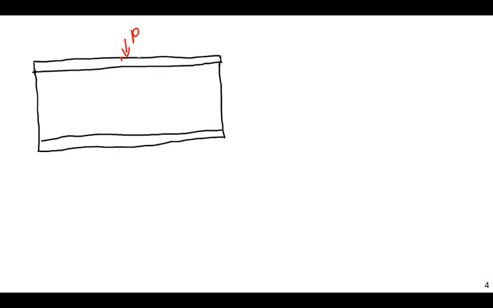Maybe it's whatever the width of the actual thing that's laying on top of the beam is. If it's a 6-inch wide beam laying on top of this girder, then the initial width would be 6 inches or something.